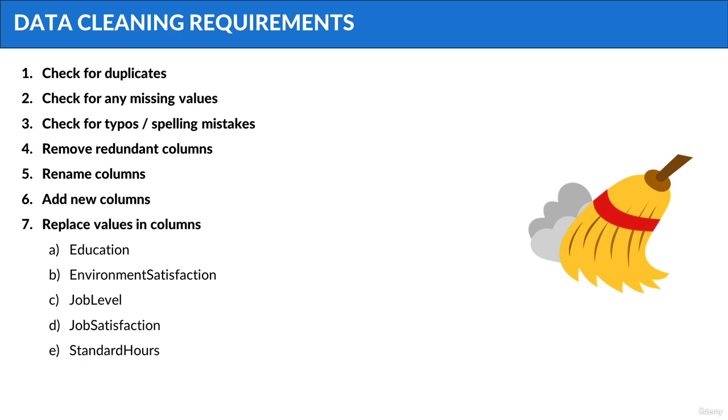Then we went through and removed all of our redundant columns, renamed our employee salary and revenue columns, followed by adding in our age group and ROI columns. And then finally, we just went through and replaced all the numbers in our categorical columns, such as the education and job level columns, with descriptive labels instead.